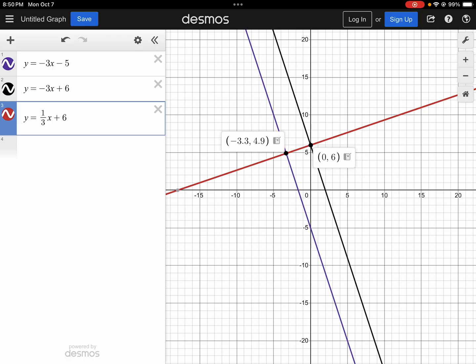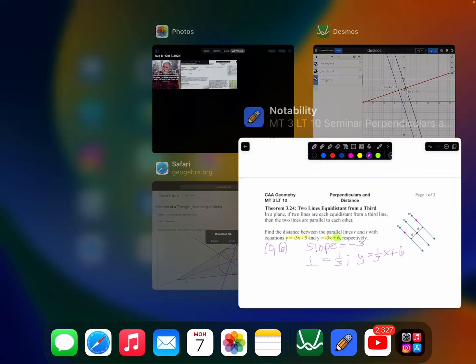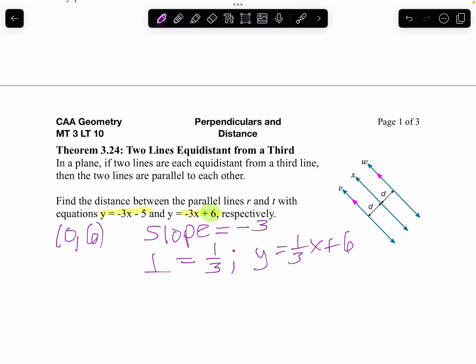It's negative 3.3 and 4.9. Everything isn't going to be nice numbers all the time. So my second point is (-3.3, 4.9), because it's perpendicular and I wanted the perpendicular distance.